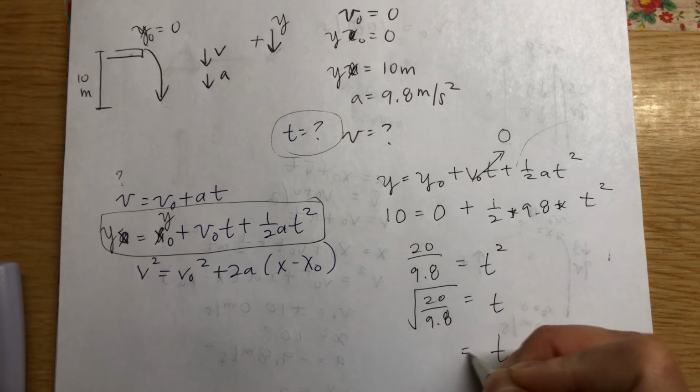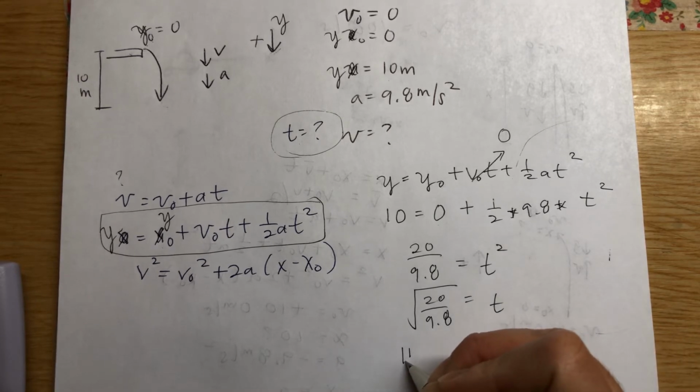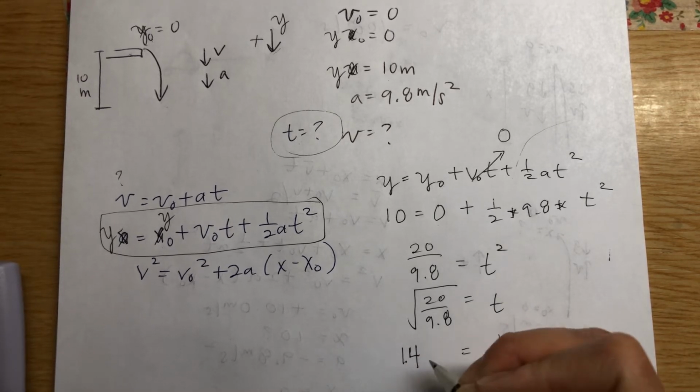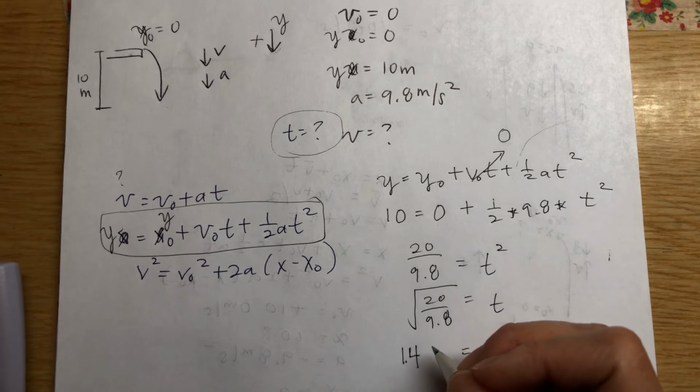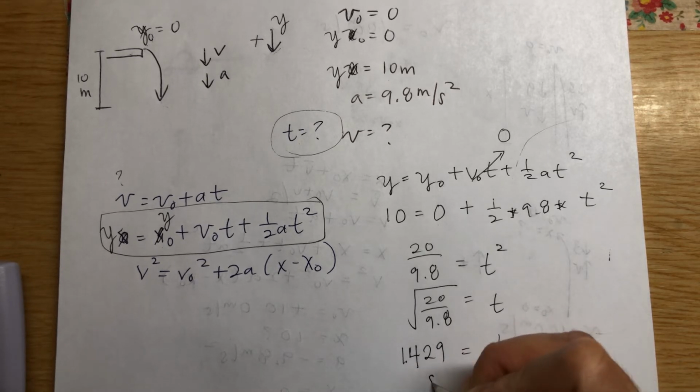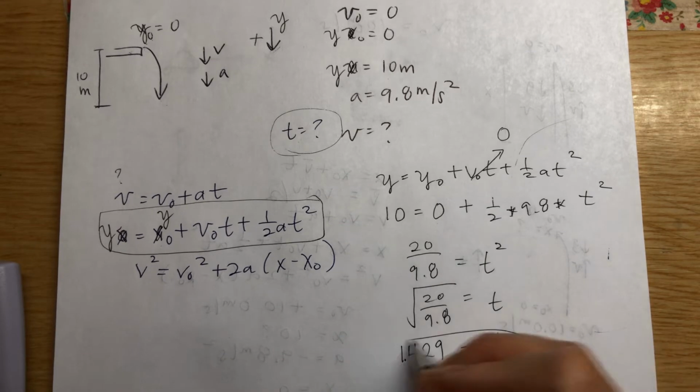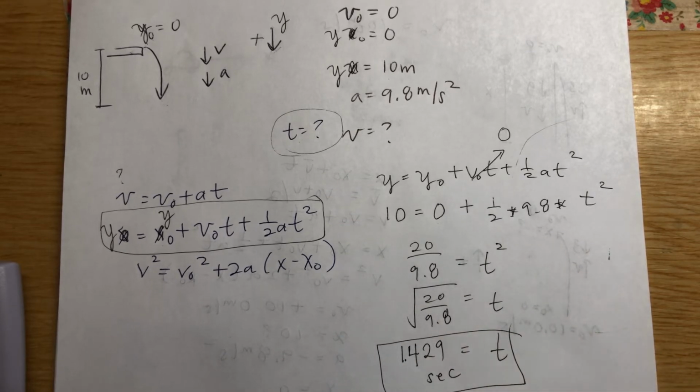So t equals 1.429 seconds. Okay, so in 1.429 seconds, he's going to hit the water.